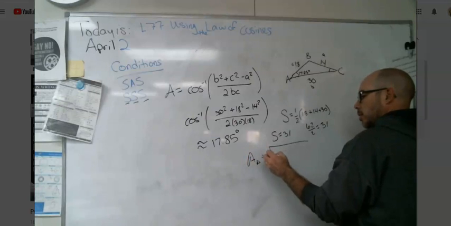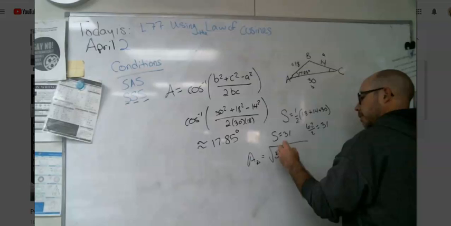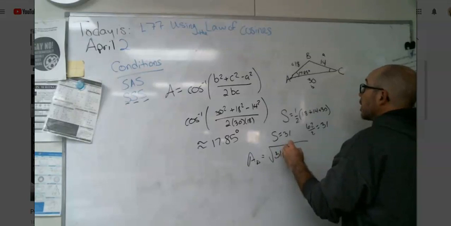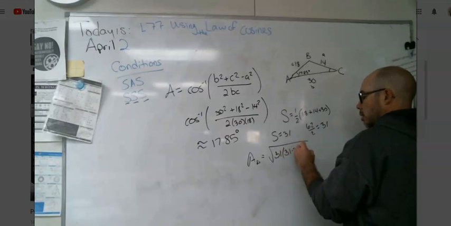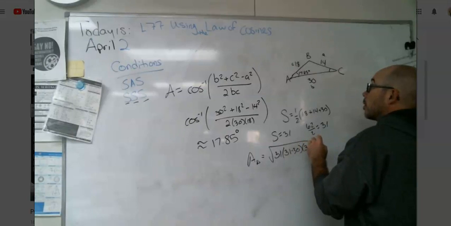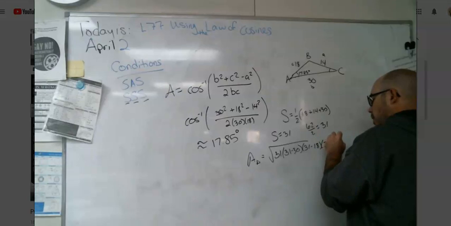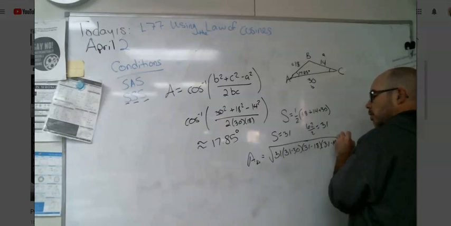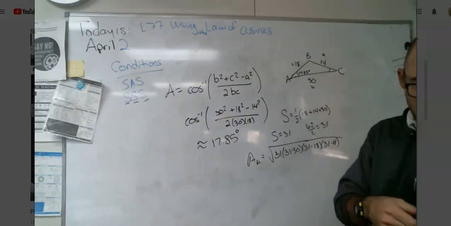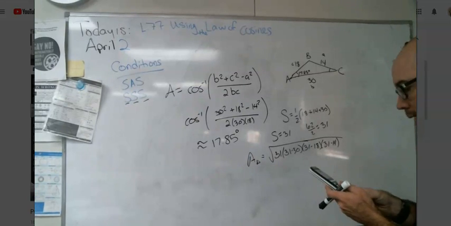Area of the triangle equals the square root of 31 times 31 minus 30, 31 minus 18, and 31 minus 14. Doesn't matter which order I go in to find the area there.